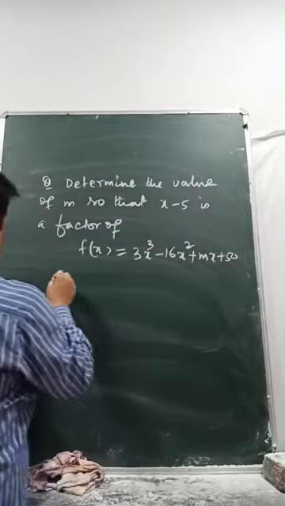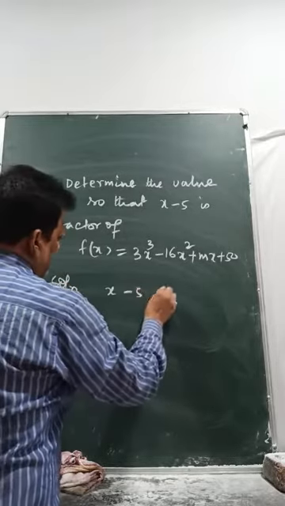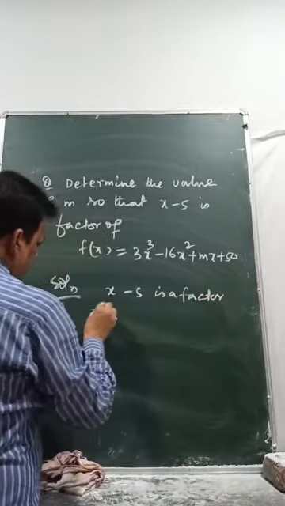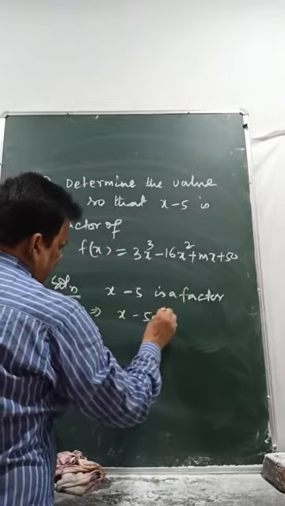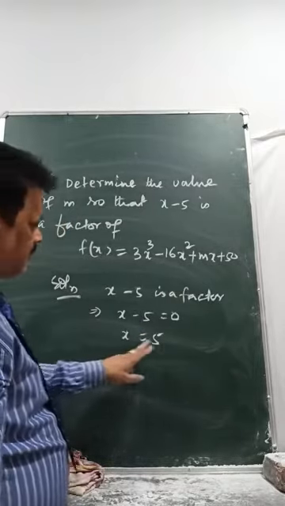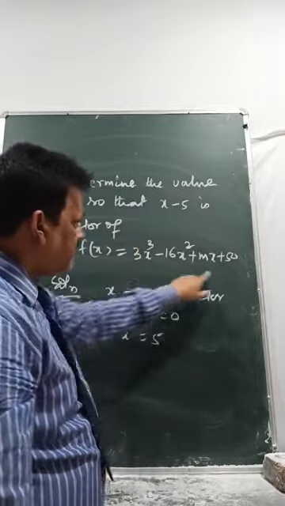Now listen, x minus 5 is a factor. Put x minus 5 as 0, you get x equal to 5. That means when I put x equal to 5 in this, the value also should be equal to 0.